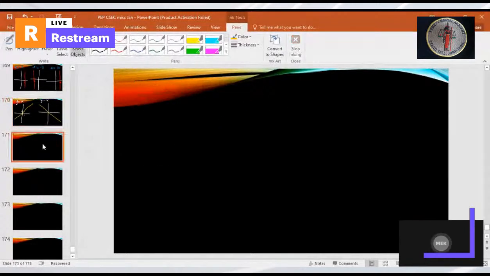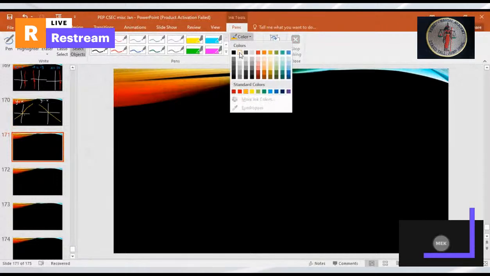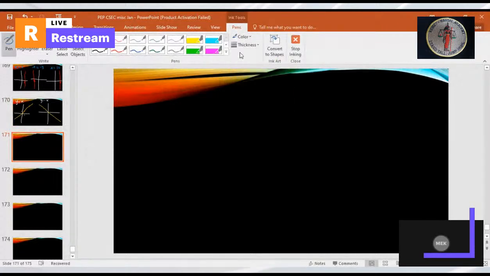So now we're going to plot a graph that's a little more complicated. For example, y equals 2x plus 3.